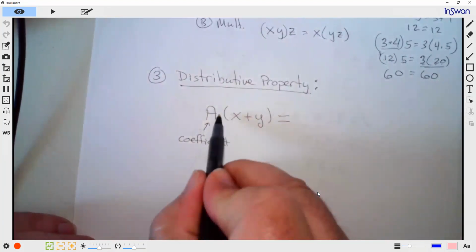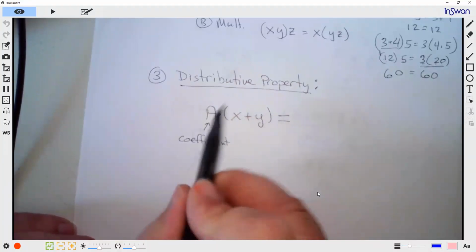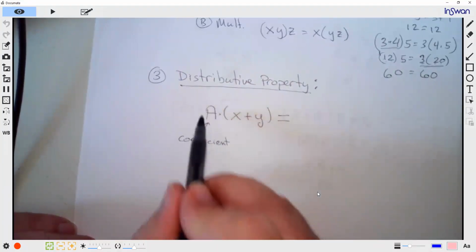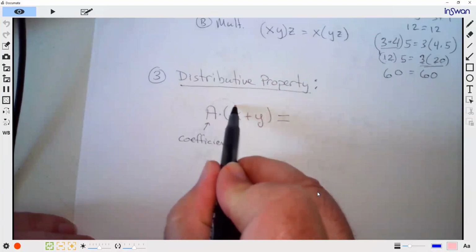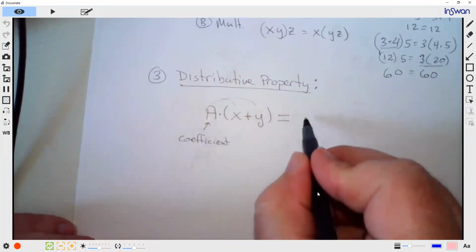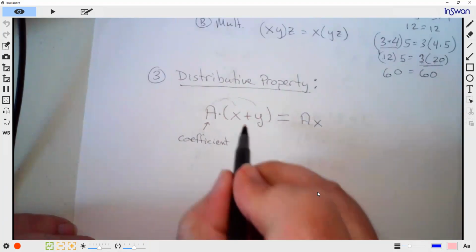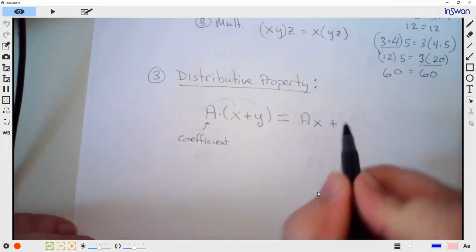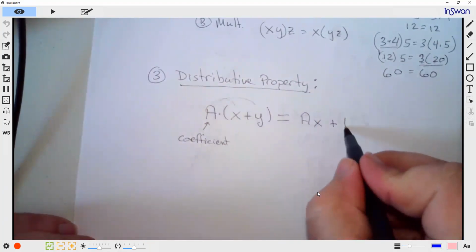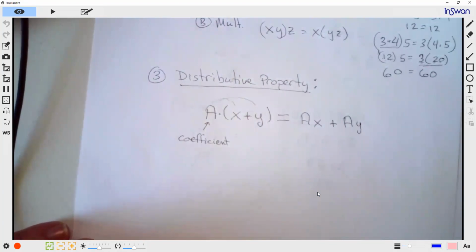So what this says, this is multiplied. So what distributive says, whatever's out in front multiplies to each term inside there. So a times x is ax, positive. A times y is ay. And there you go. That's the distributive property.